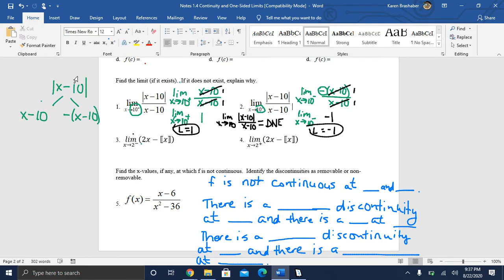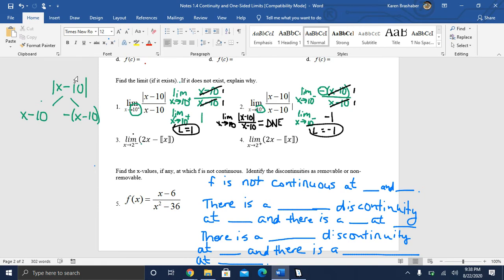And something that you need to know about greatest integer functions is that they are step functions. So you are not interested as much in what is happening at the C value. You are interested in what is happening very close to the C value.